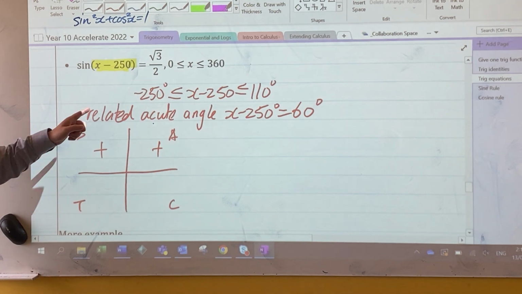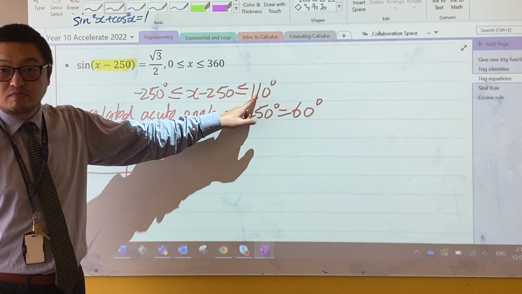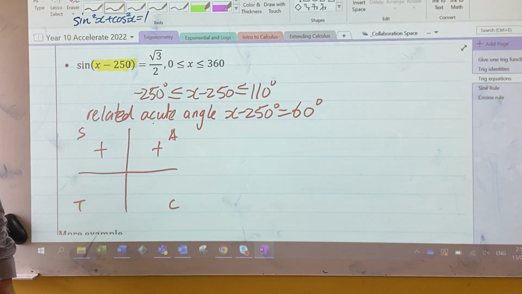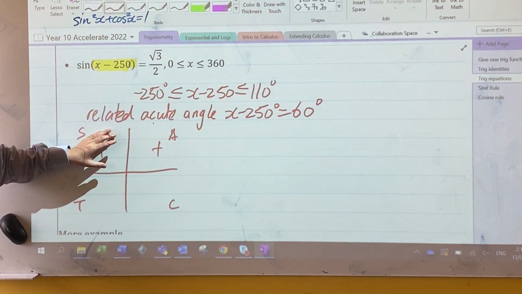Now, if you have a look at the new domain we are working with, smaller than 110, which quadrant is that? First. Only first. This one's already 180.